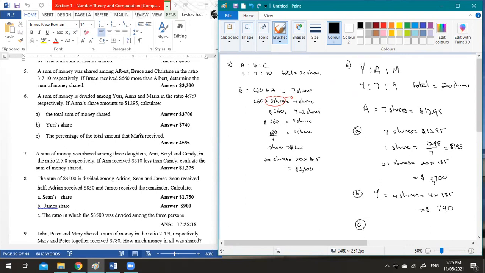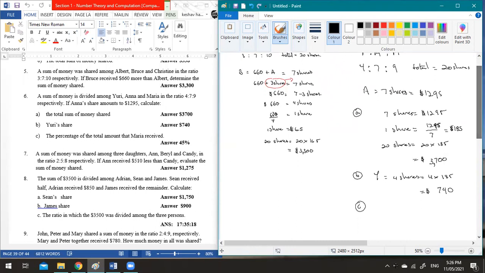C. The percentage of the total amount Maria received. Now there are 2 ways to get this. Is that you find out how much Maria gets, right? You can add Anna and Yuri's amounts and subtract it from the total amount, or you can find out how much her shares was versus the total number of shares.